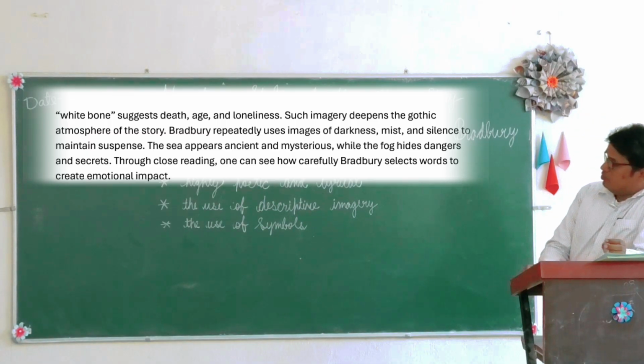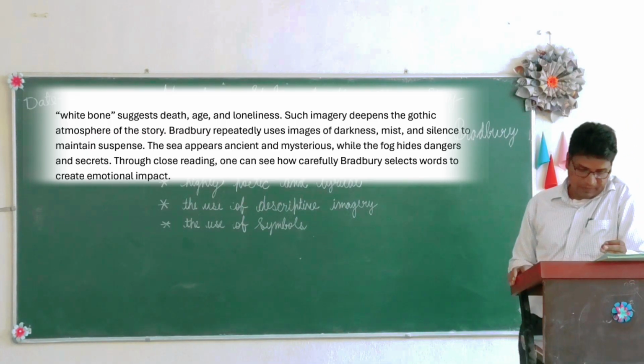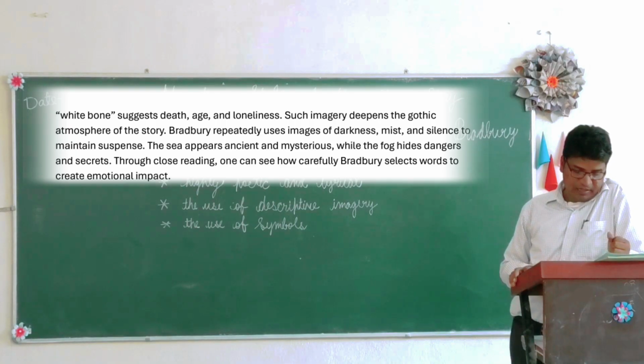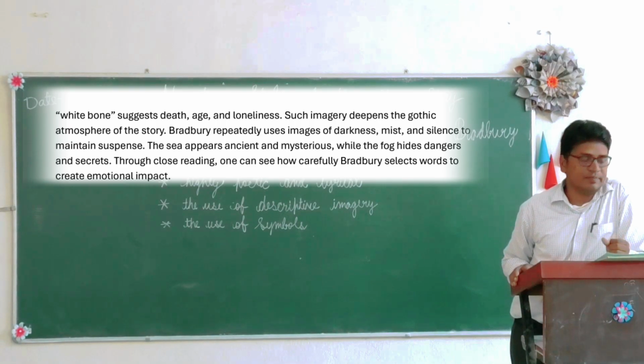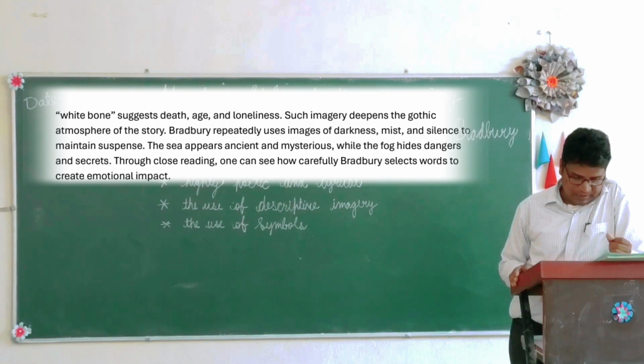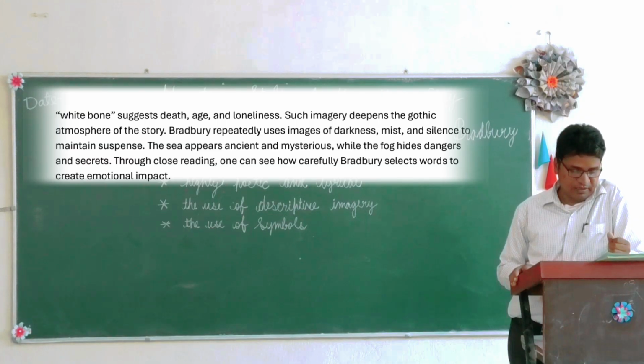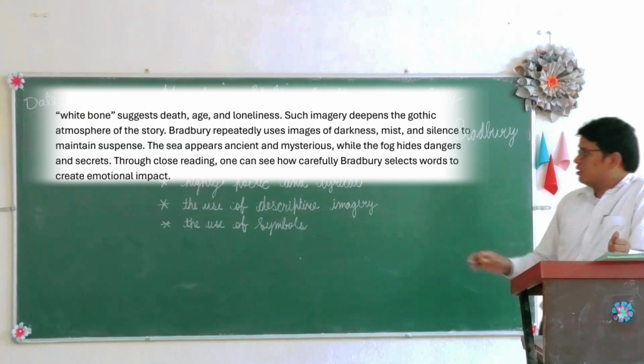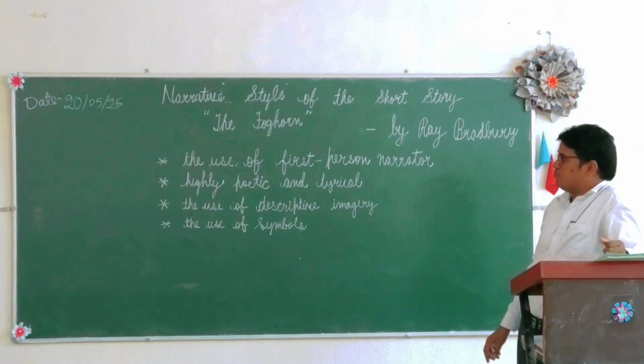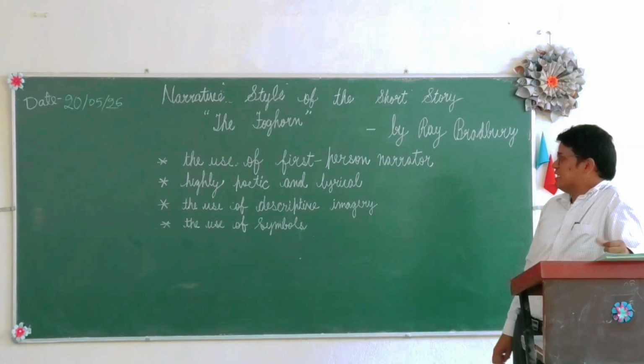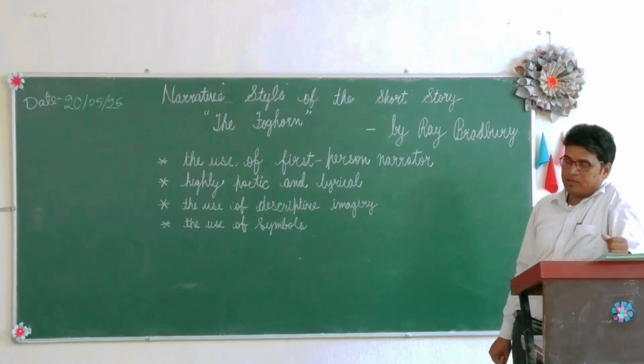Through close reading, we can see how carefully Bradbury selects words to create emotional impact. So this is what we have discussed in this point, the use of descriptive imagery.